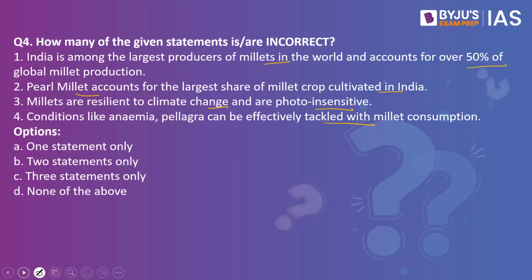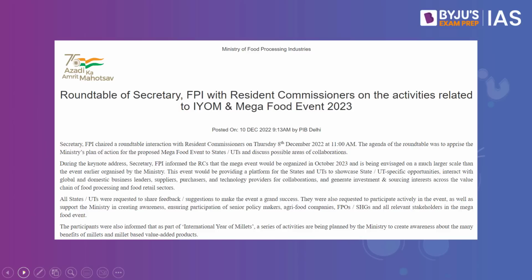What is the context? The United Nations General Assembly at its 75th session in the year 2021 declared the year 2023 as the International Year of Millets. And the Food and Agriculture Organization is the lead agency for celebrating the year in collaboration with other relevant stakeholders.